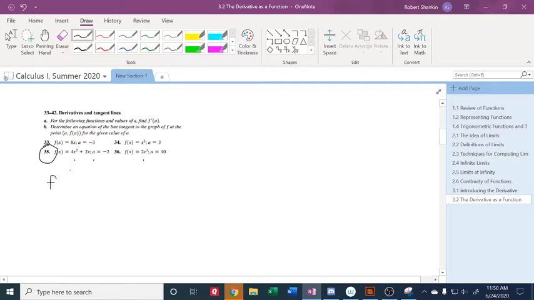The problem says find f prime of a. It doesn't tell us which definition of the derivative we have to use. We haven't done any with this first definition, so let's just do one.